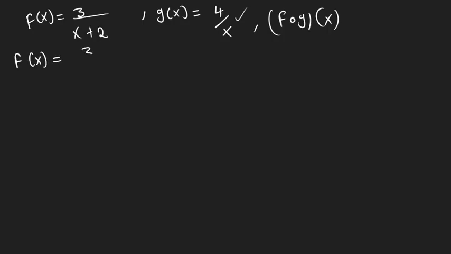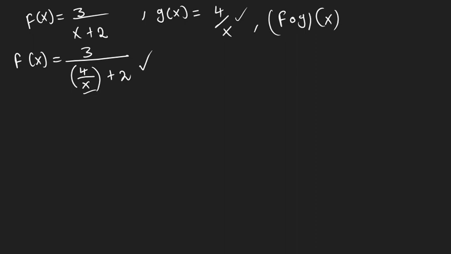This is the function that you are going to have. So you are going to have 4 over x here and then plus 2. Now I don't need to solve this. I just need to find the domain for this particular function, so that if I get a value from that domain of x, I put it here, it should not make this function undefined.